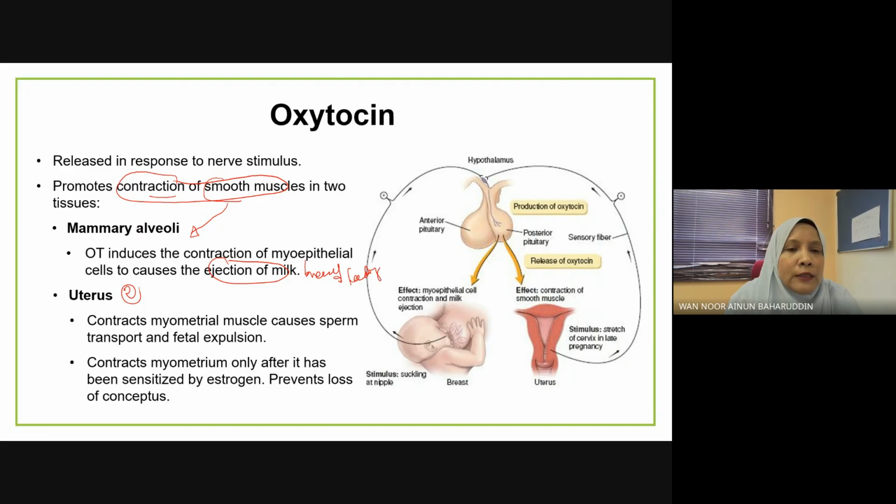For the uterus, it can contract the myometrial muscles that will cause sperm transport and fetal expulsion, maksudnya dia boleh push masa nak push baby keluar daripada mother tu. So this oxytocin hormone yang paling penting sekali. It will also contract the myometrium only if it has been sensitized by estrogen, and will prevent conceptus loss.